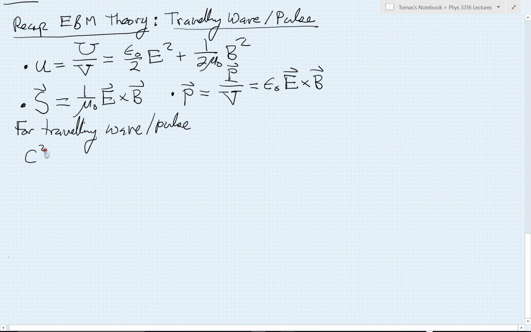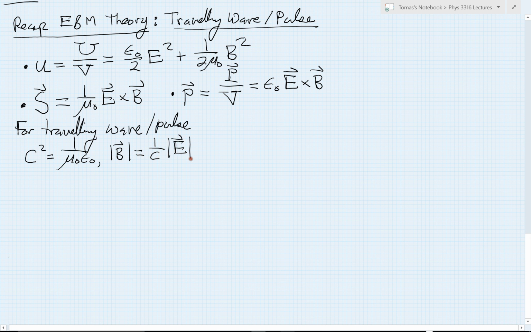That's the speed of light, and c squared is 1 over mu naught epsilon naught. We also know something about the polarization state of the fields. We know how they are related to each other. We know, for example, that the magnitude of the magnetic field is pretty small, right? It's 1 over c times the magnitude of the electric field.